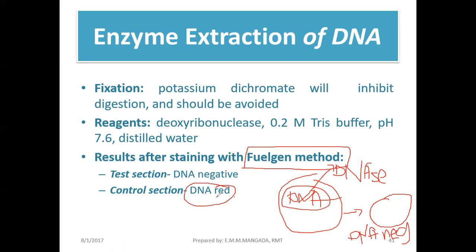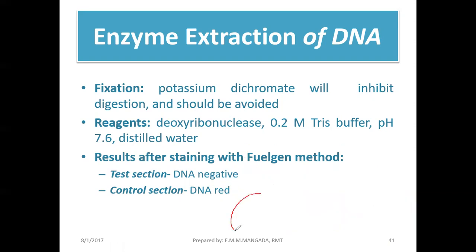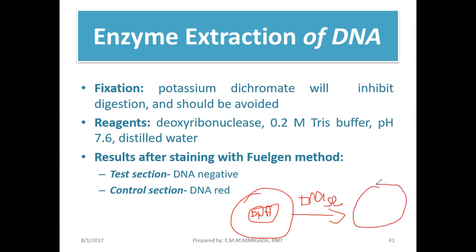So ulitin ko ha. Okay, this is the cell. So let's check if it has DNA. So we are going to extract this using your DNase. Okay, we've extracted this using your DNase. Kung DNA talaga siya, mawawala siya. Okay, absent na siya.